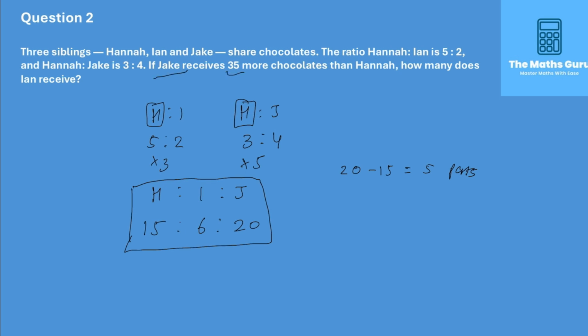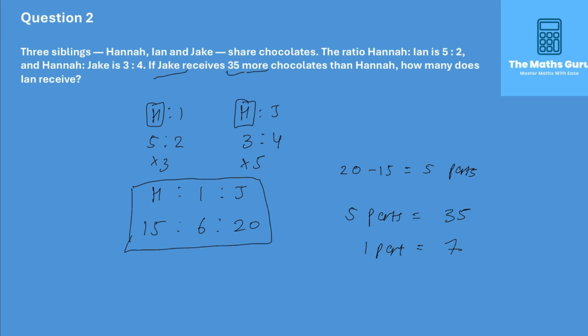And it tells us that Jake receives 35 more chocolates than Hannah, which tells us that 5 parts is equal to 35. So now we're going to work out how much one part is worth, which is 35 divided by 5, which means that one part is worth 7 chocolates.